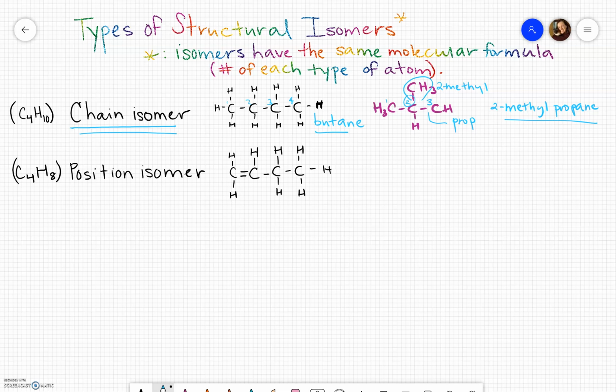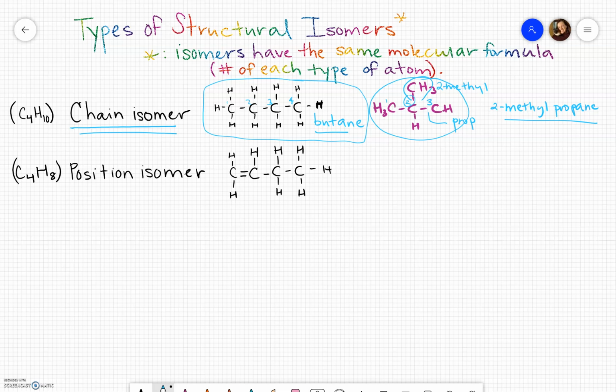So this butane, that's longer than this propane with the little methyl group coming off of it. It's much longer, which means there's going to be more places for intermolecular interactions, and so it would have a higher boiling point than this more roundish molecule that has less places to have those intermolecular interactions.